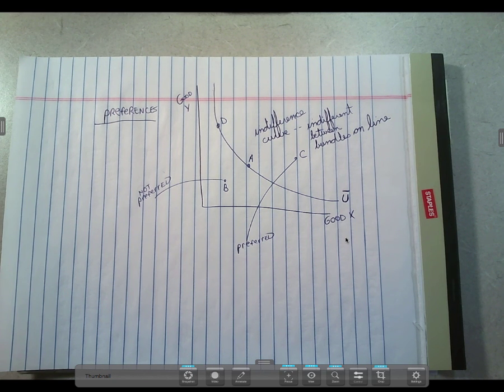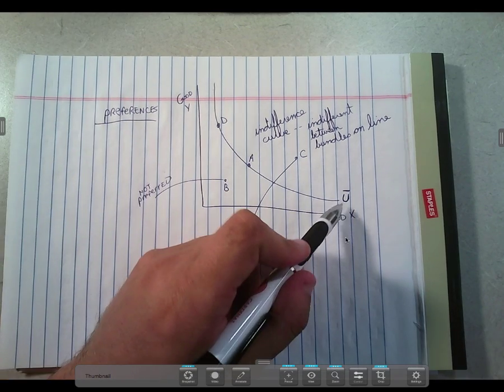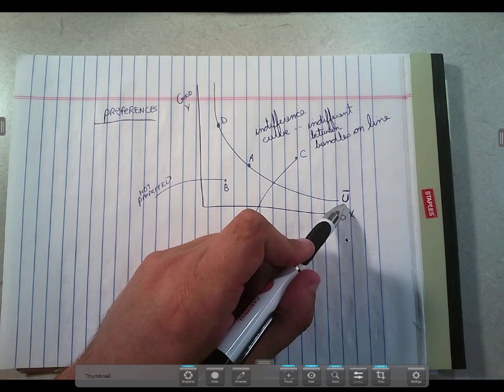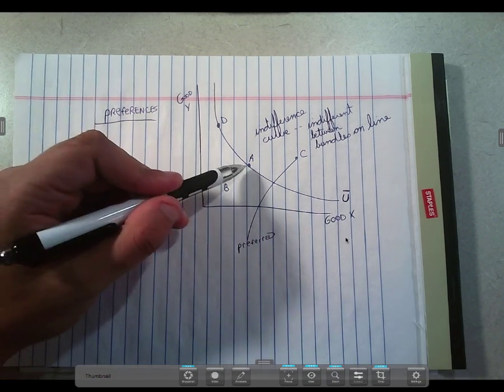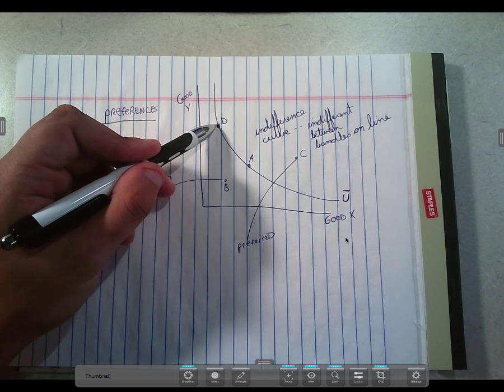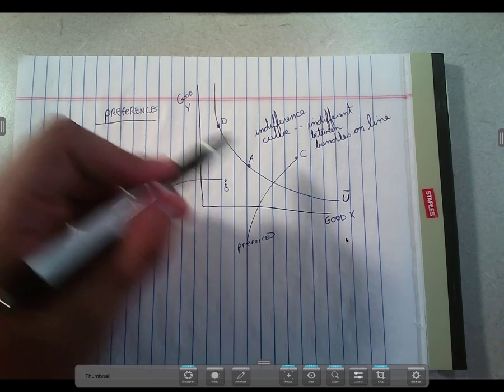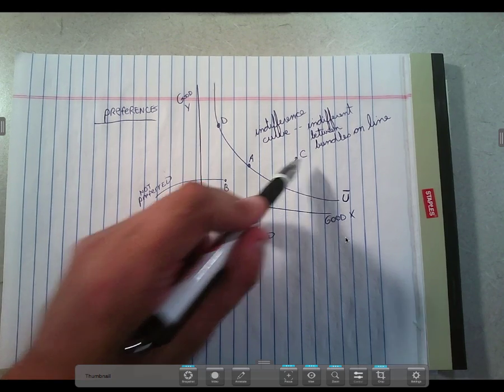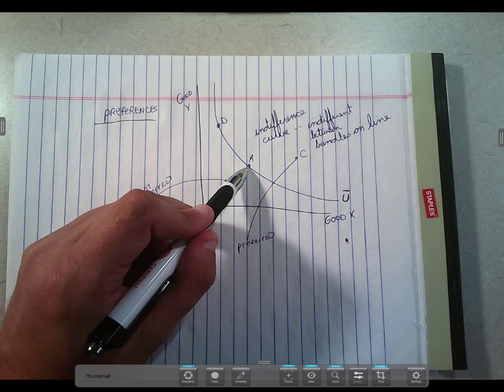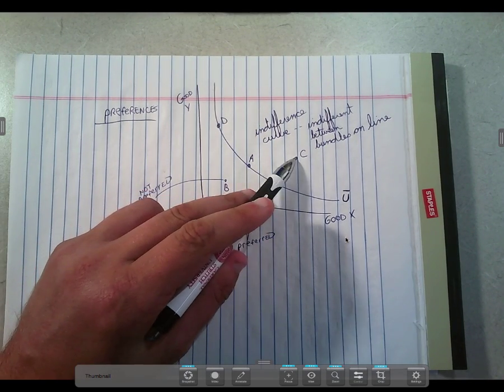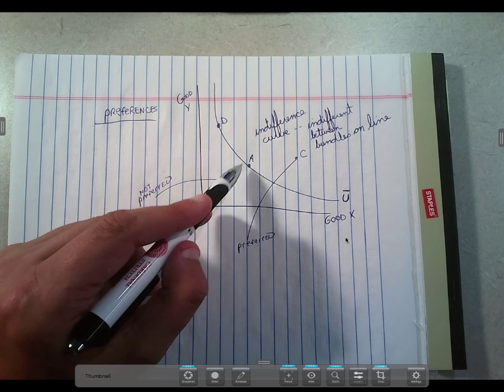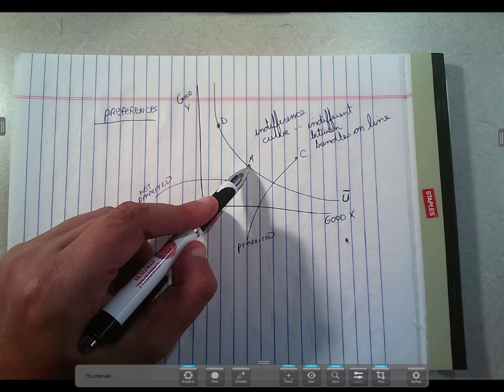I am indifferent between A and D because they are on the same indifference curve, an indifference curve where the utility levels are constant. I am indifferent between A and D. I prefer C to A. I can see that I prefer it because it's on a point outside of the indifference curve line.